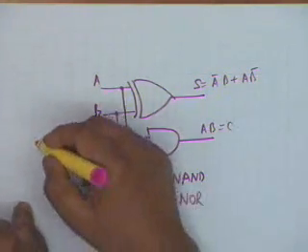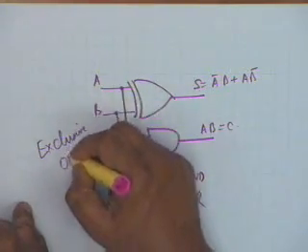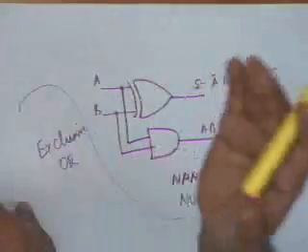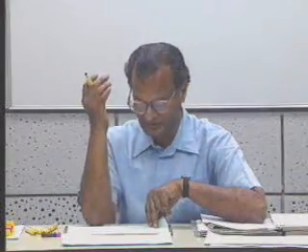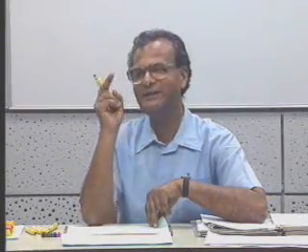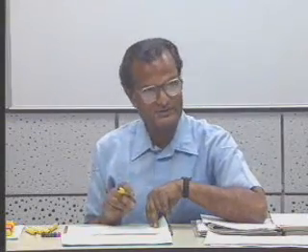A company decides to manufacture only exclusive OR gates, and then in your circuit design you require AND gates, OR gates, NOT. That is the inability. So exclusive OR is therefore not a universal gate.